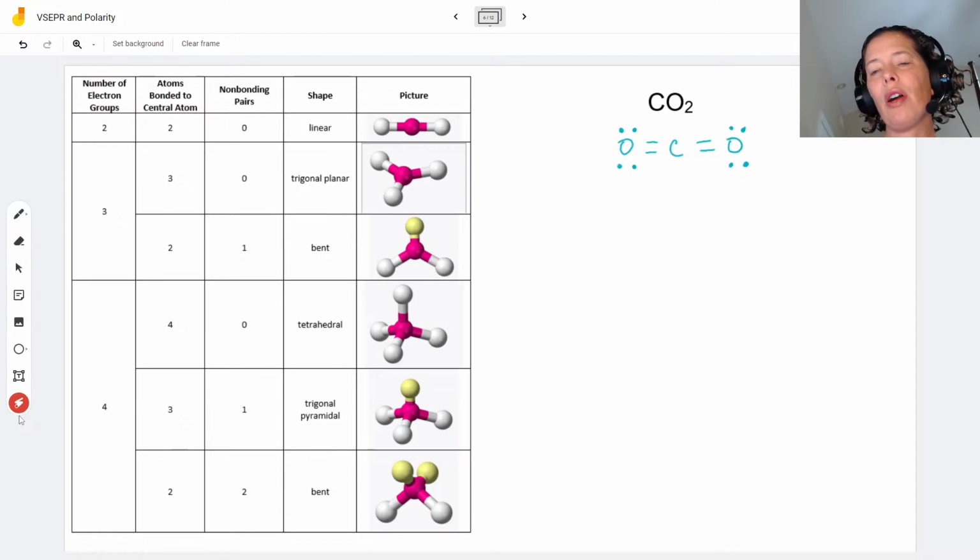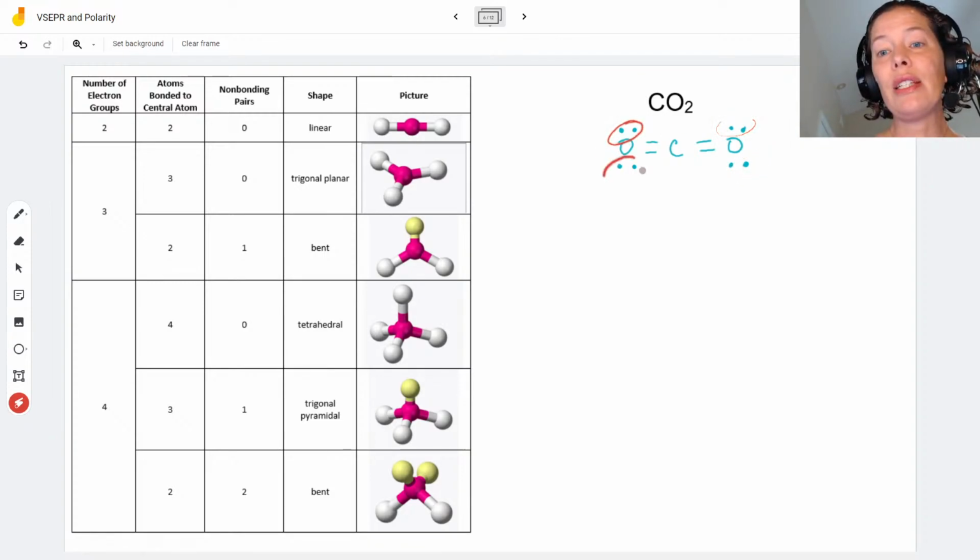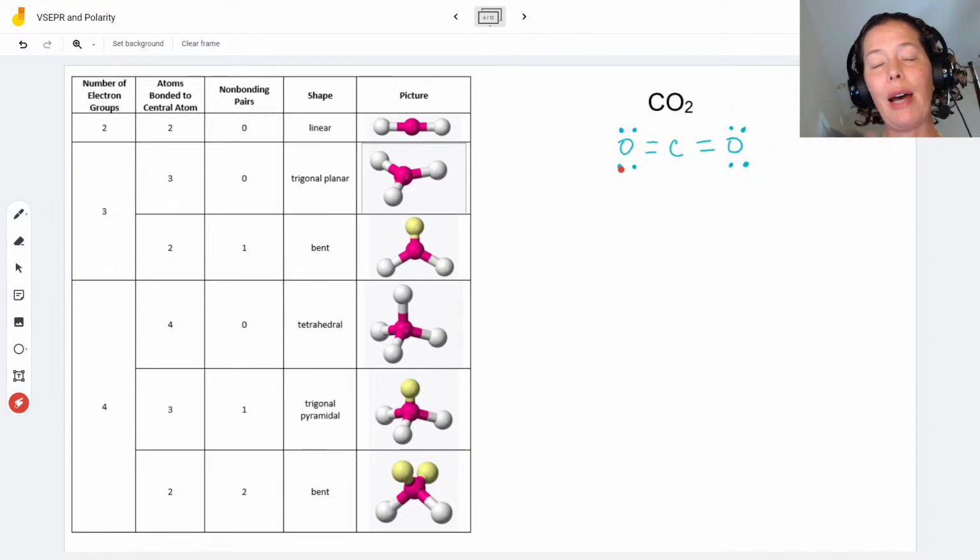Now there are a couple things I want to point out about this one, because usually the first time students do VSEPR and they're figuring out their Lewis structures, having the non-bonding pairs not on the central atom tends to confuse students the first time they see it. So for VSEPR, all of these non-bonding pairs mean absolutely nothing.